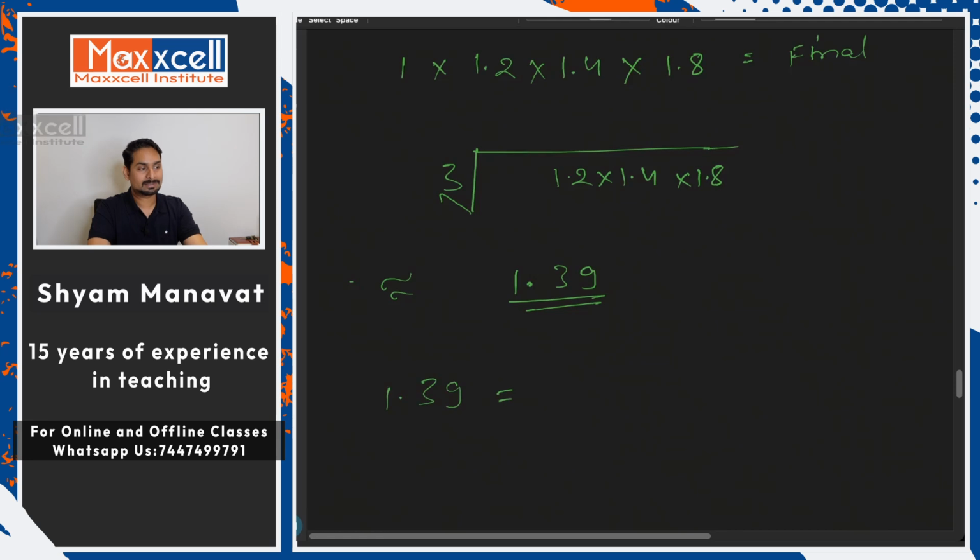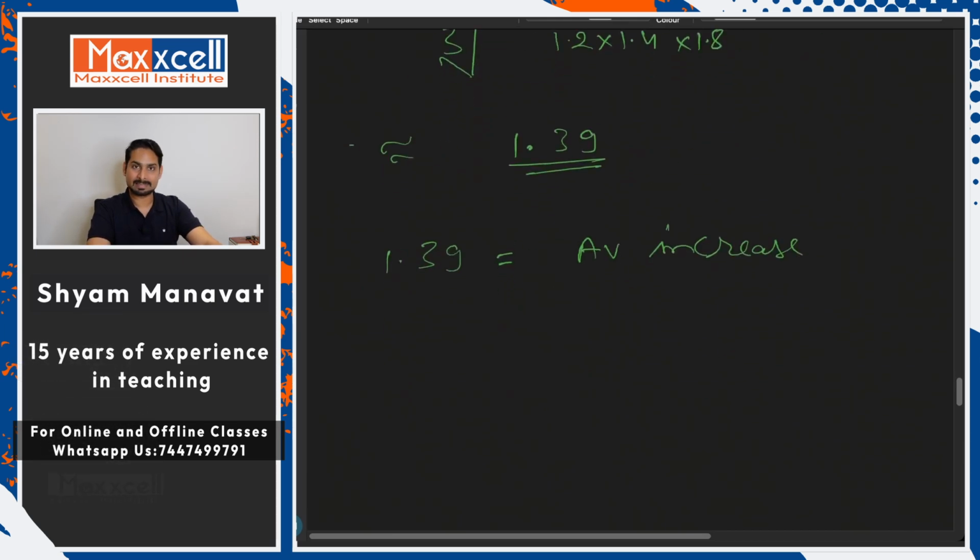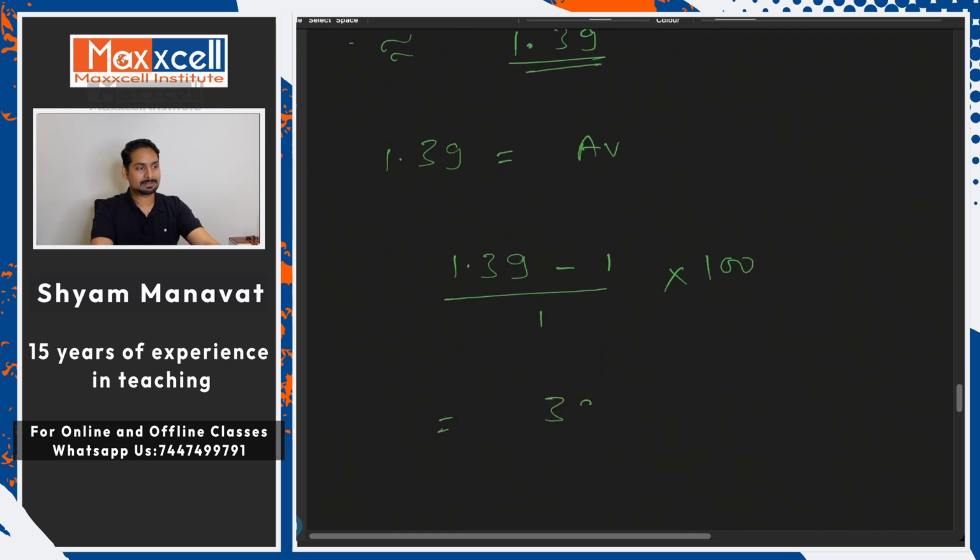Okay. Now you see that this expression, 1.39, is the average. If you want to calculate the average percentage increase on 1, if it is increasing from 1 to 1.39, divide by 1, multiply by 100, so the average percentage increase comes to 39%.